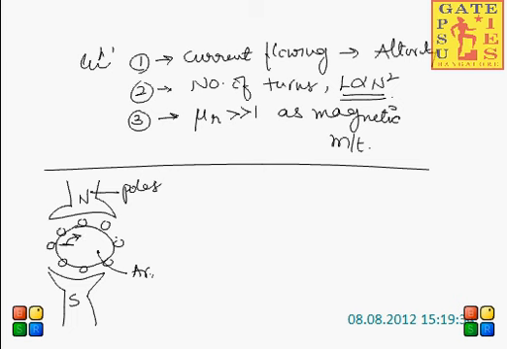Now if the rotor is rotating, let me name this as conductor number 1, 2, conductor number 3, 4, 5, 6, 7, 8. Here we have to fundamentally differentiate the induced voltage in each conductor and the current flow.